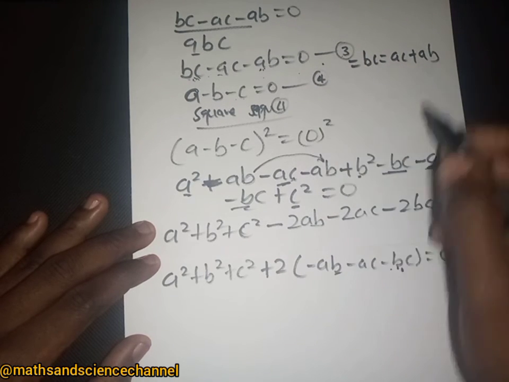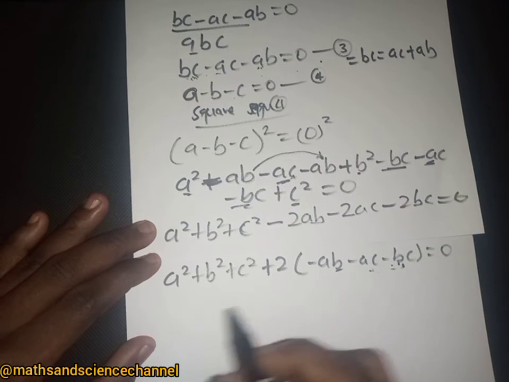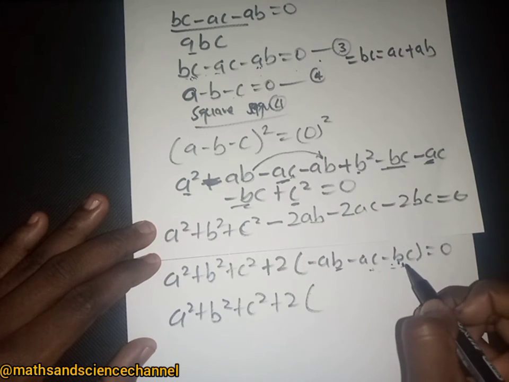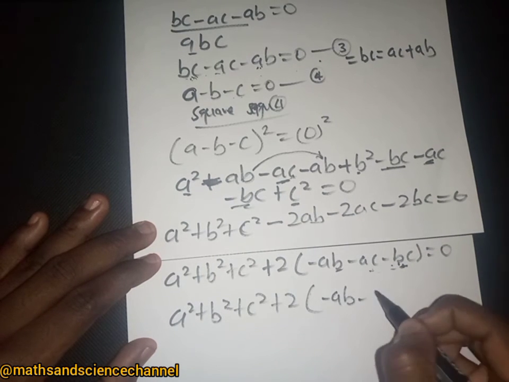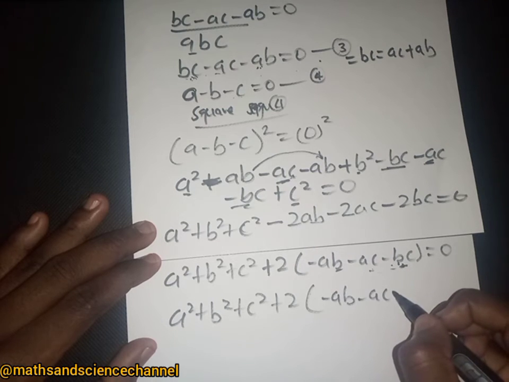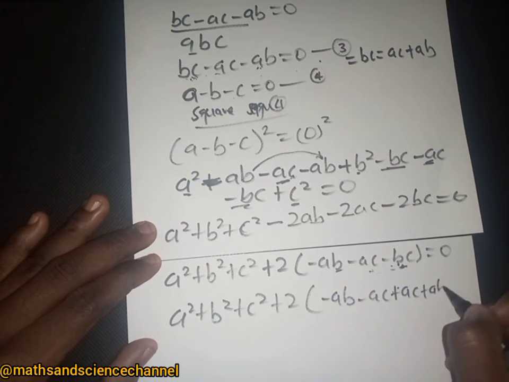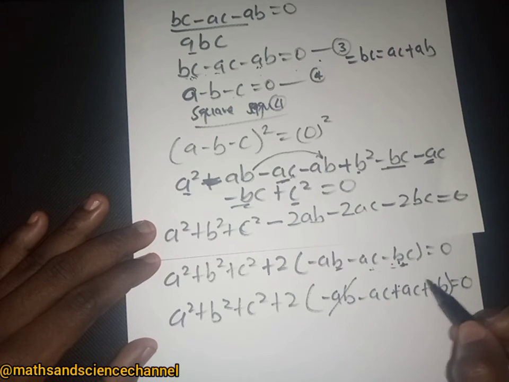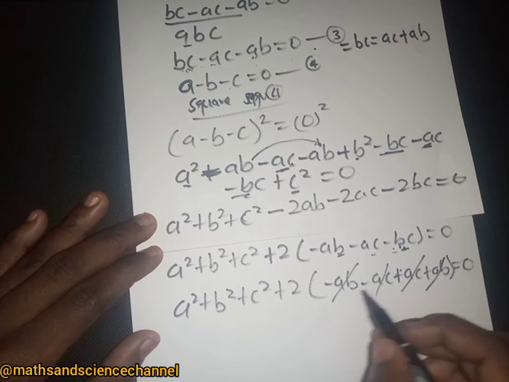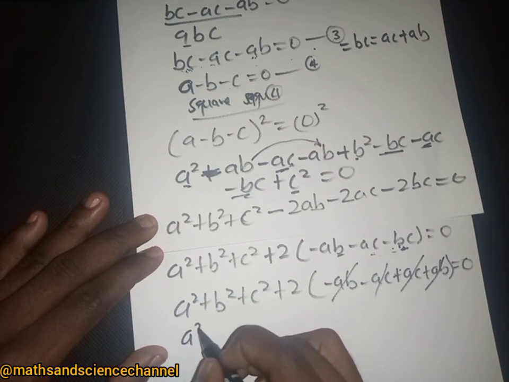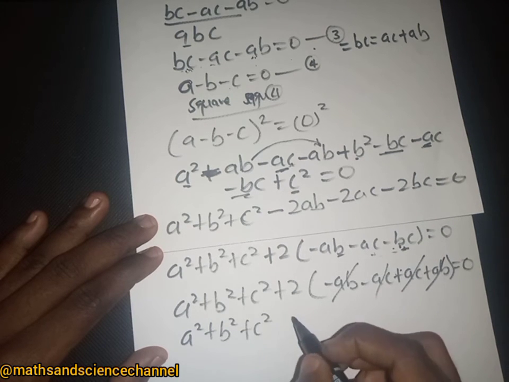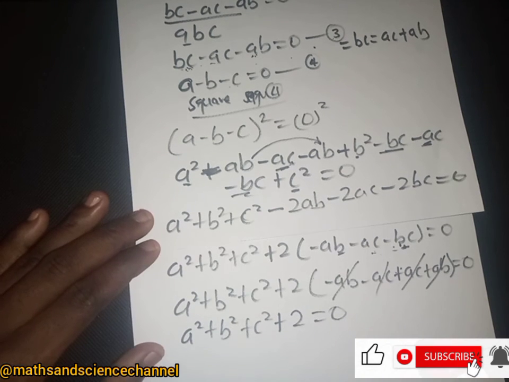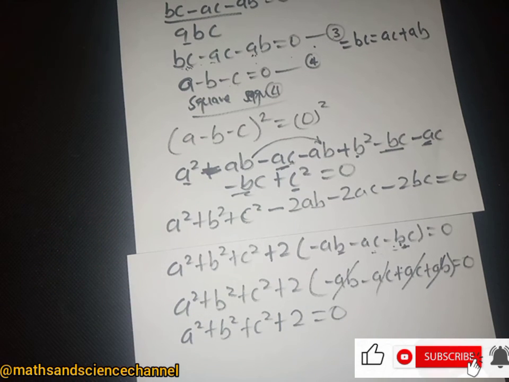So we'll just replace it here. So we have a squared plus b squared plus c squared plus 2 here, so that we have minus ab minus ac, then bc here is just plus ac plus ab being equal to 0. So realize that this will just get rid of that, and this also gets rid of that, and what are we left with? We are left with a squared plus b squared plus c squared, then plus 2 here being equal to 0, right?